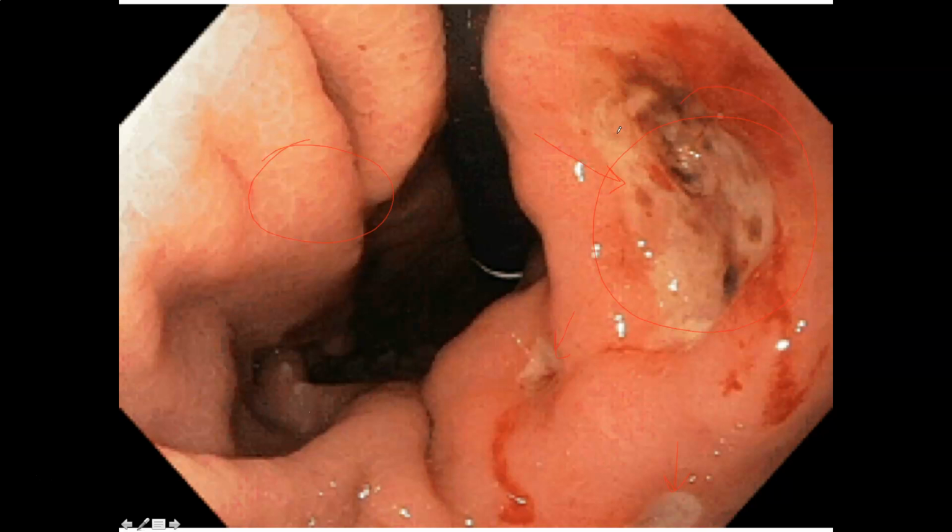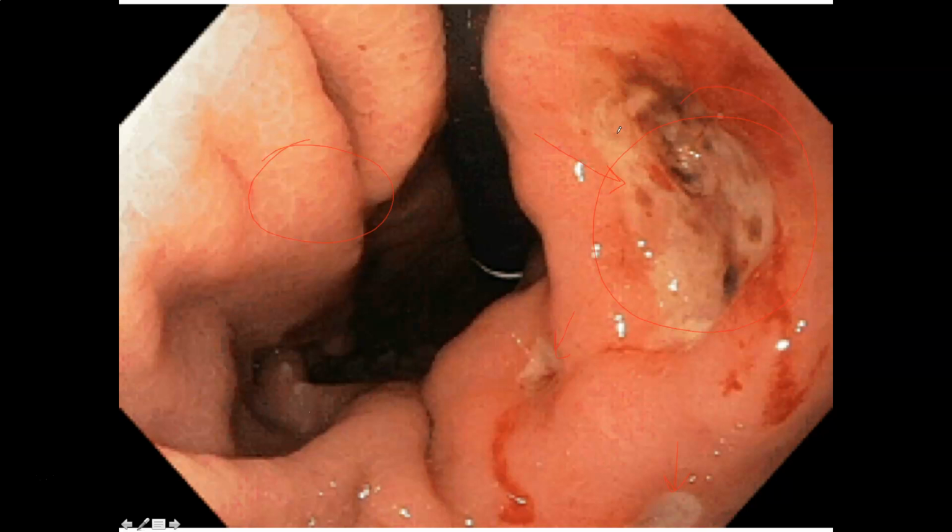Oftentimes it starts from bacterial damage, and then you get into seeing damage caused by the acids of the stomach. So we want to keep that barrier between the acids of the stomach and the actual mucosal lining.